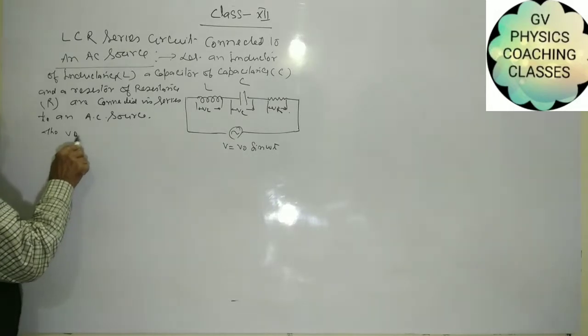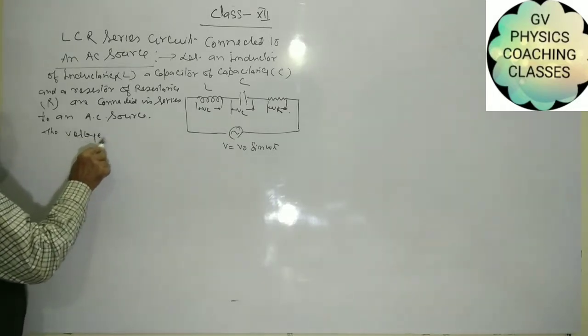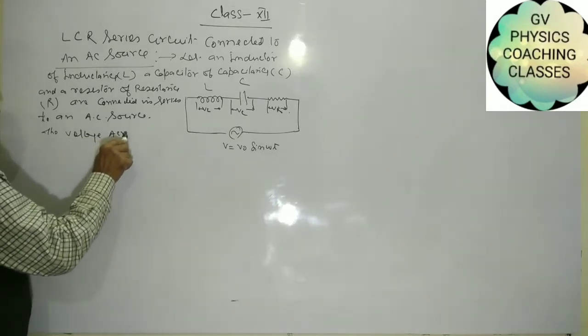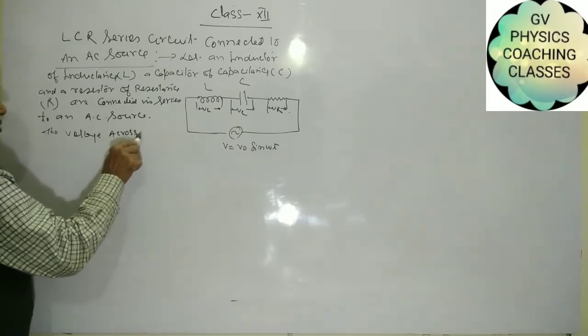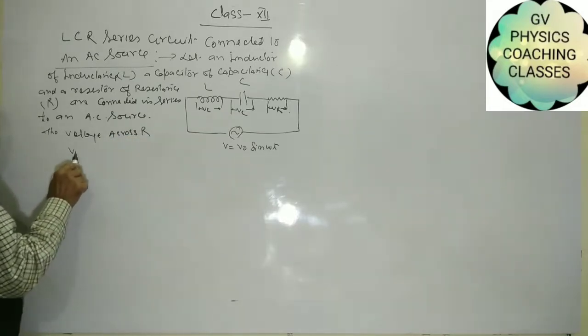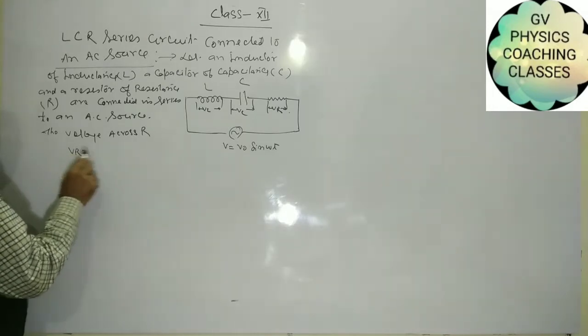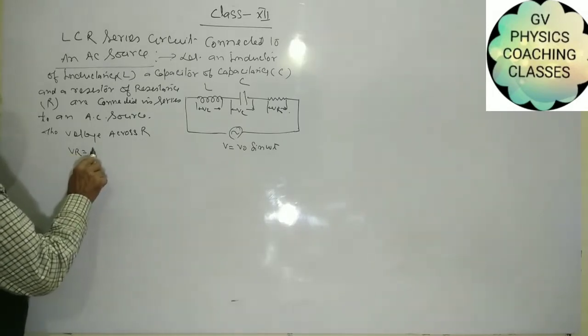The voltage across R, VR, is equal to IR.